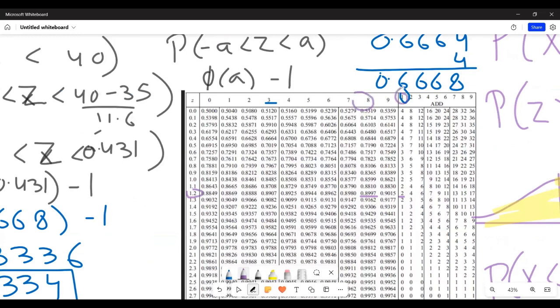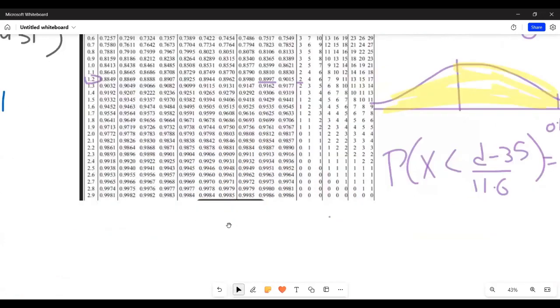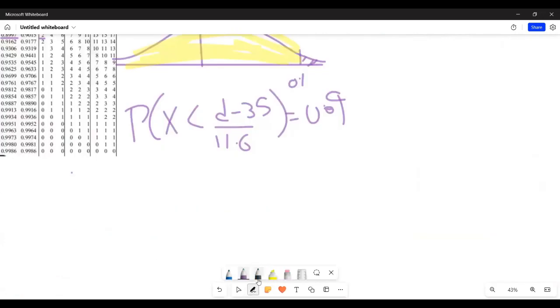So this is 1.281, so this would be equal to 1.281.